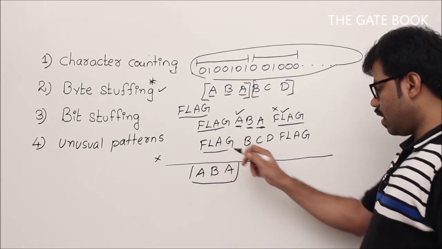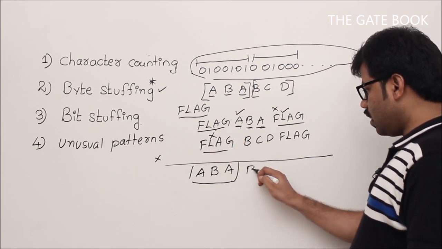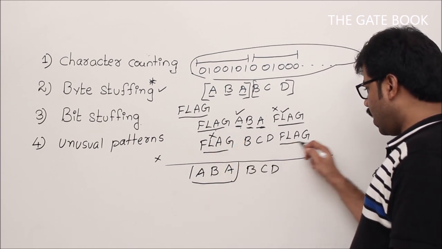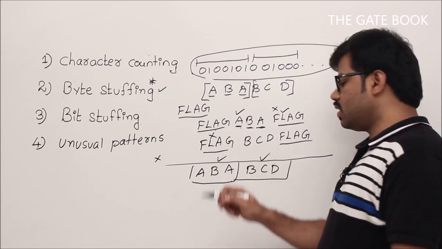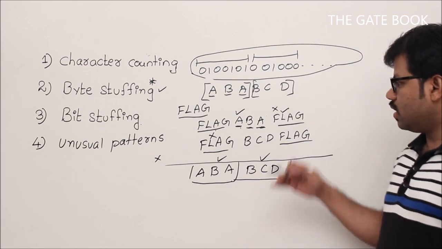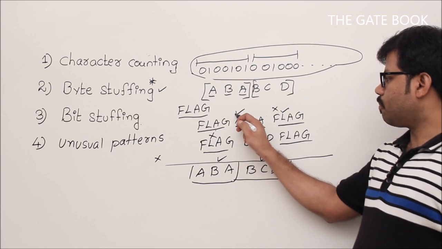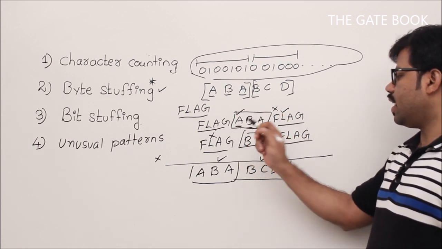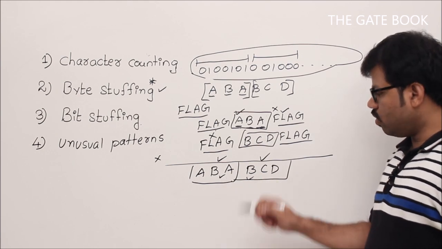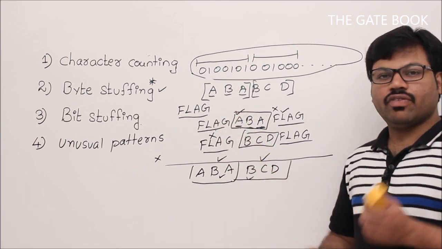After that, the next flag comes and is discarded as the start of the sequence, BCD is taken, and when the end flag is seen, BCD is formed as a frame. So the sender assumes ABA is a frame and BCD is a frame, and the receiver understands it the same way. So byte stuffing works, correct?